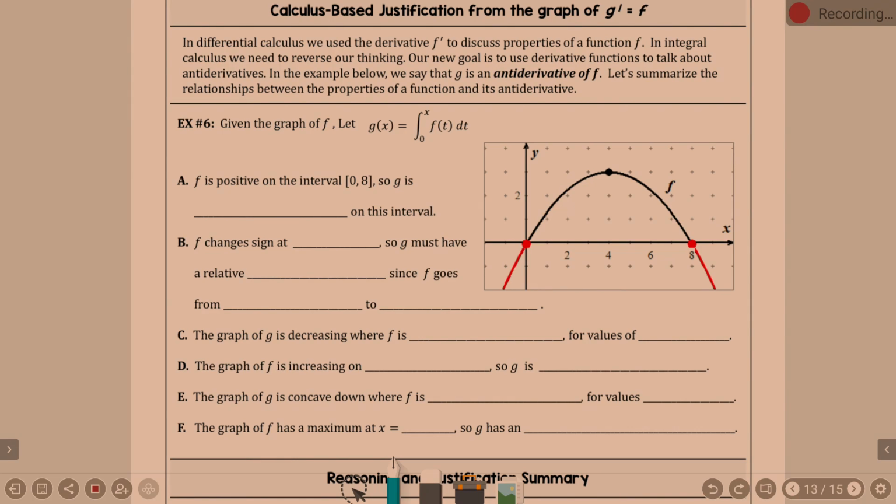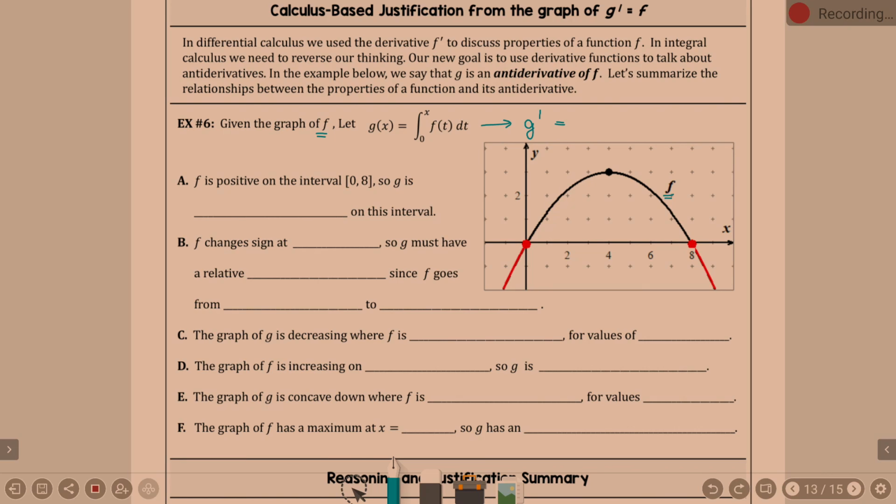Okay, so given this graph of f, notice it is a graph of f. Notice it says g of x equals the integral of f of t. So what this says to me is, if I take the derivative of g, what happens when I take the derivative of an integral?